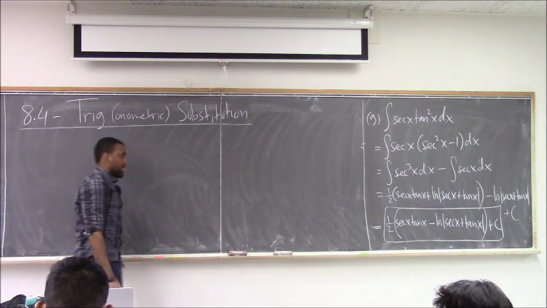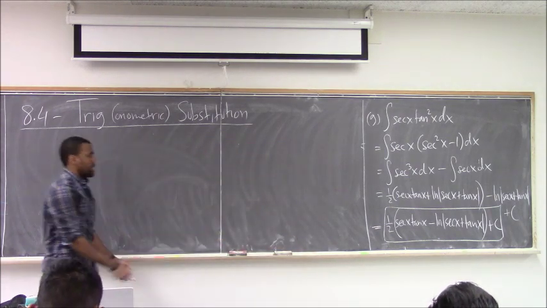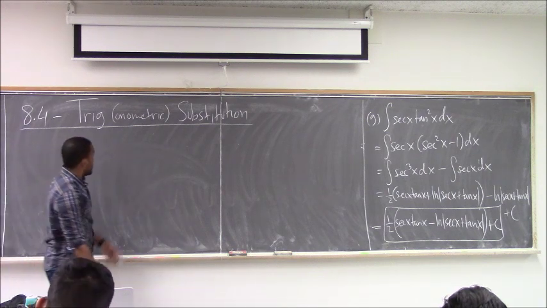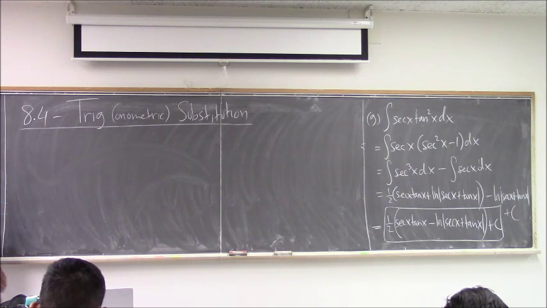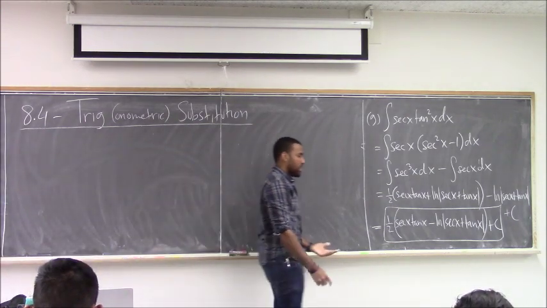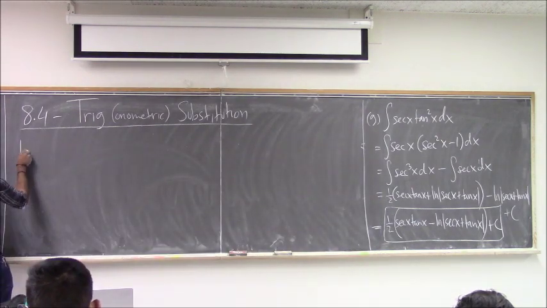We've all seen the idea of sometimes doing a substitution in a very weird way, like instead of a u substitution, doing a u squared substitution or something like that. This takes that idea and really runs with it. We are going to find ourselves in a situation where somehow putting in a trig function makes our lives easier, as weird as that might sound. So here's where the idea comes from.